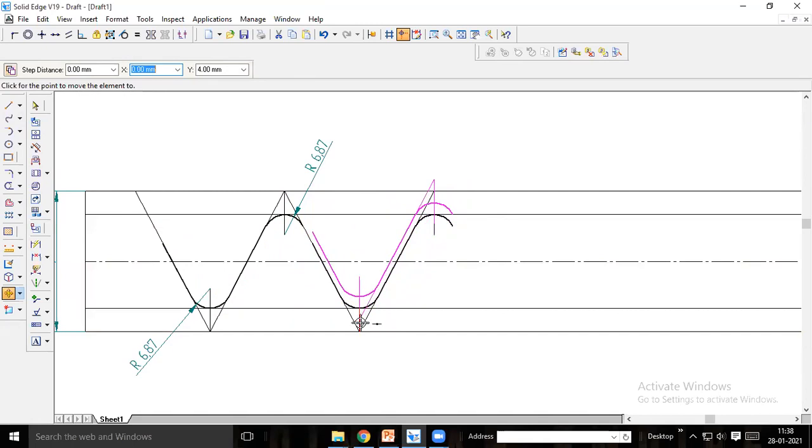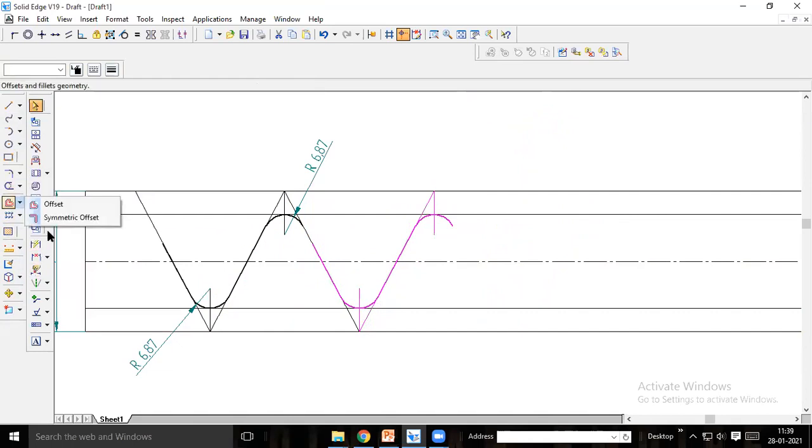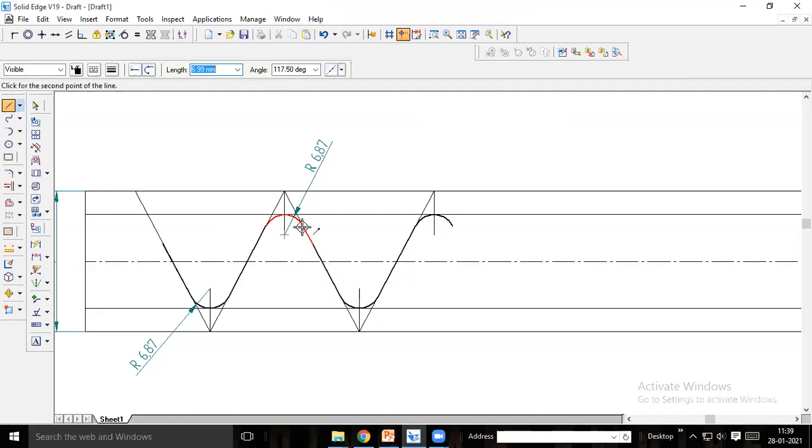Okay, so then here you just go to extend the next command and extend this profile, or you fill this with visible line. Okay, like this you have to do.